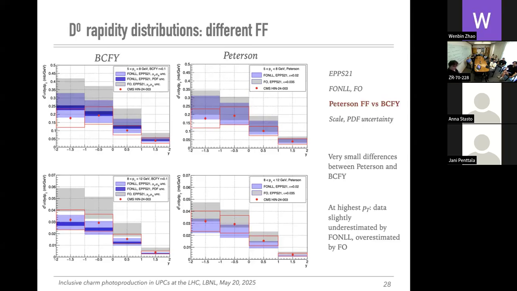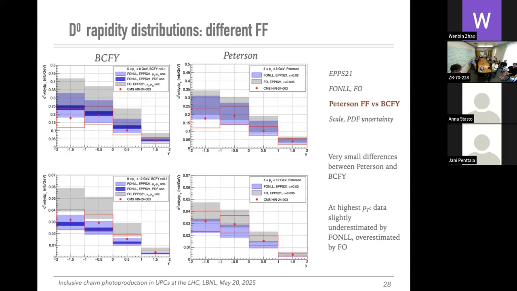calculation. However, what I also did here, because this is Peterson, I also put here this fixed order, and these parameters are exactly the same as for D star for HERA. Of course, the fragmentation fraction is different, but the functions are similar in shape, just to see where the fixed order lands, and it's brought down because this parameter makes it a little bit softer.